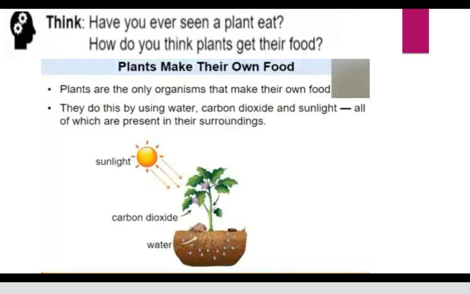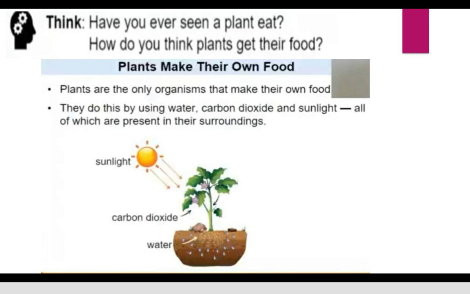They get sunlight from the sun, carbon dioxide from the air, and water from the soil. These three together create a process called photosynthesis, by which plants make their own food.